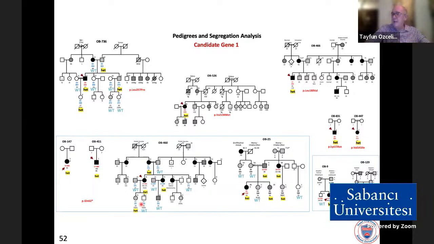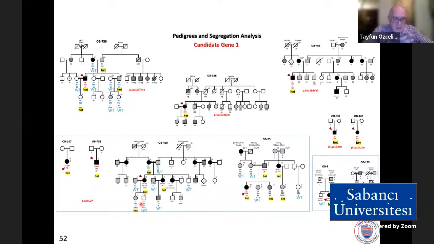So to sum up what I have described to you, we attempted the molecular dissection of a complex human phenotype, obesity, and through genome sequencing during the past 10 years, we compiled the largest Turkish genome database and studied more than 1,000 families with extreme forms of obesity.